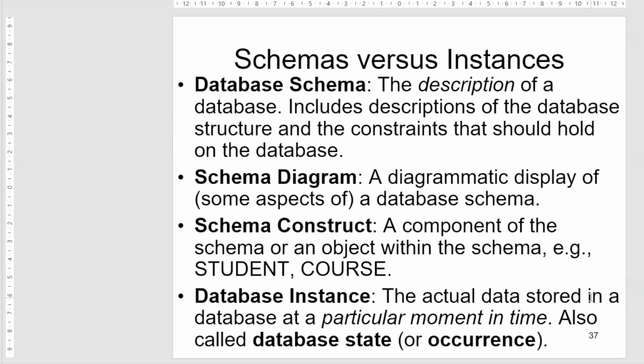Next you have the database instance: the actual data stored in a database at a particular moment in time, right? We call this a database instance, or we use database state or occurrence.